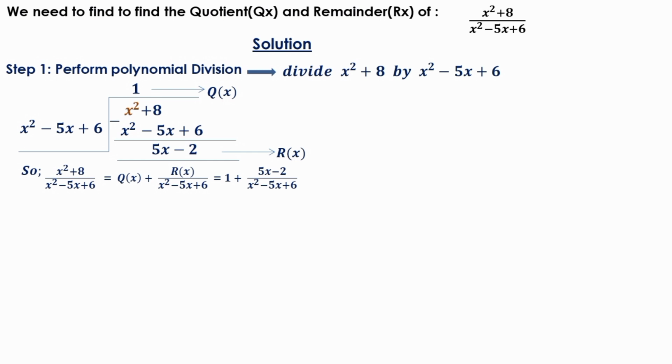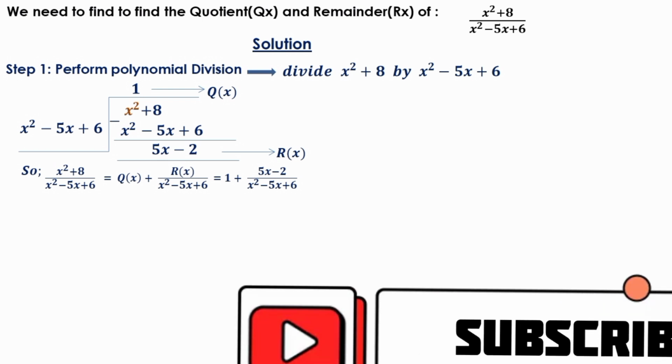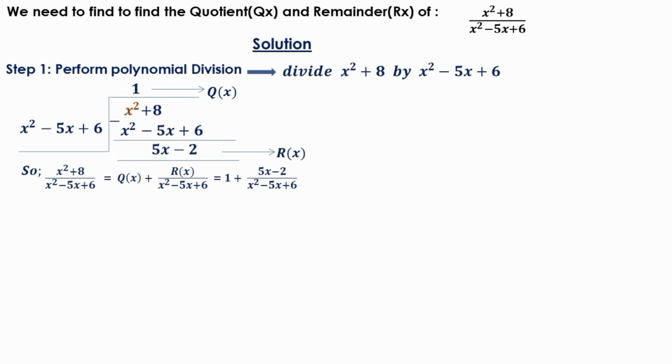From our long division process, our quotient is 1 and our remainder is 5x plus 2. Now the next step is to take this remainder, 5x plus 2 all over x squared minus 5x plus 6, and perform partial fraction on it. So that will give us step 2. Step 2 is to split the remainder into partial fraction.